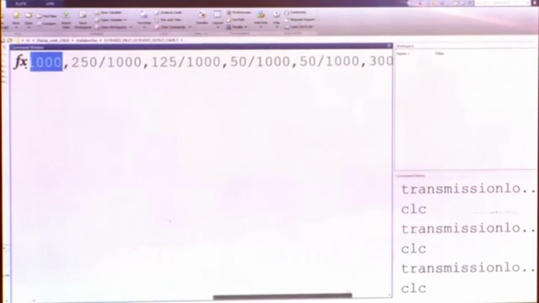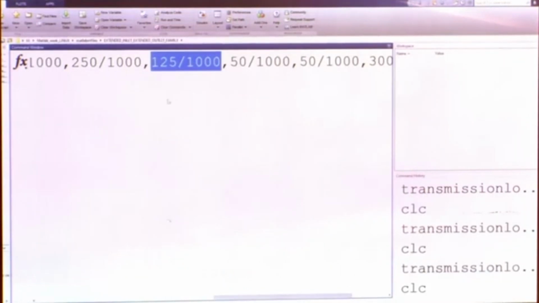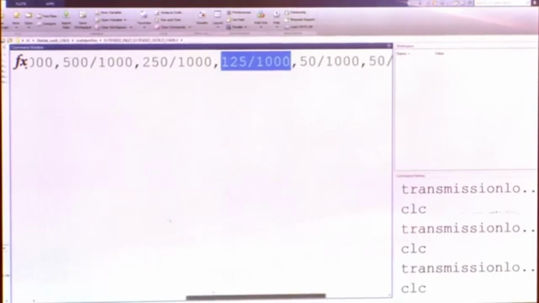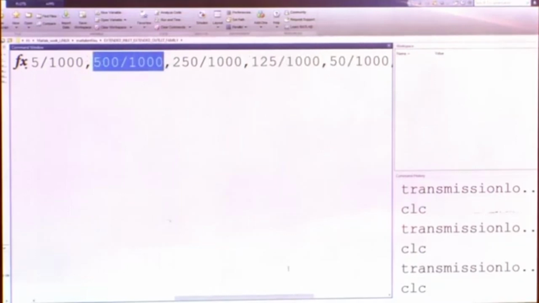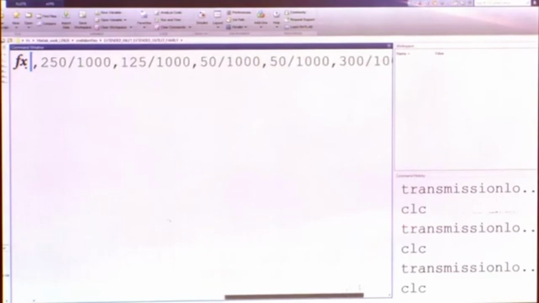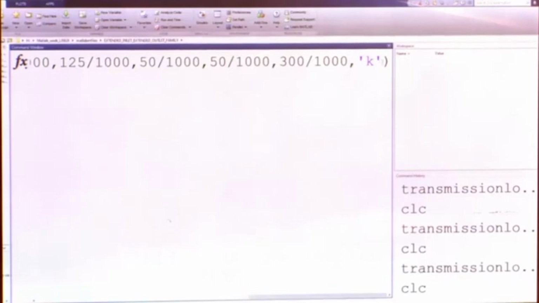250 mm is the length of the extension at the inlet, and 125 mm is the length of the extension at the outlet, and 500 mm is the total length of the chamber. So, the intermediate length where there is no protrusion is 125 mm, basically capital L minus L1 minus L2 small, and 50 mm each is the diameter of the extensions at the inlet and outlet, and 300 mm is the diameter of the chamber, which is typical of commercial automobiles.